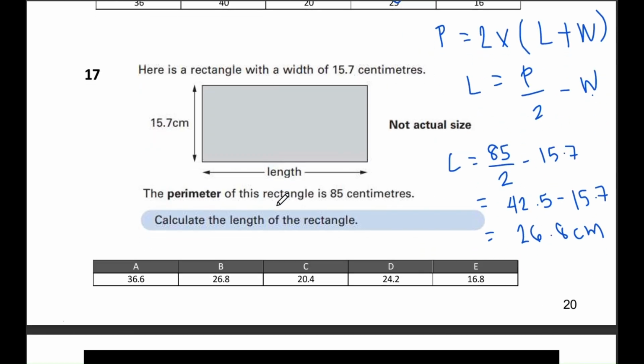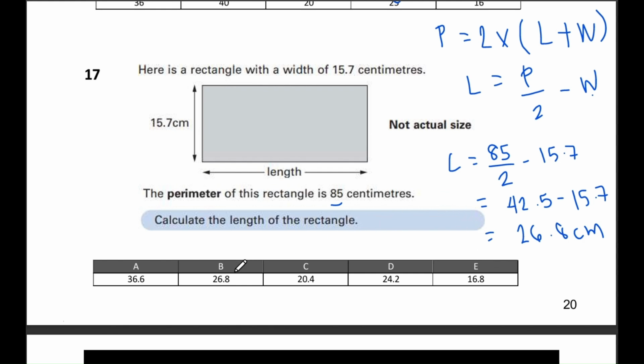Question number 17. We have a rectangle with a width of 15.7 centimeters and a perimeter of 85 centimeters. The question asks, calculate the length of the rectangle. Our options are A, 36.6, B, 26.8, C, 20.4, D, 24.2, and E, 16.8.